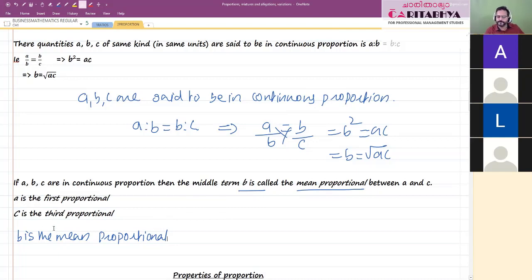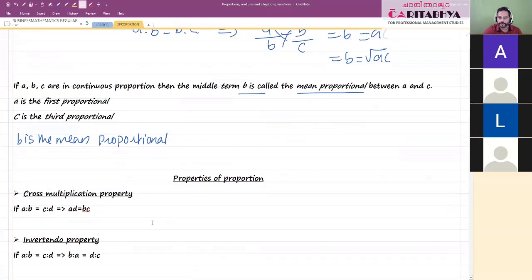Clear? Yes, sir. Continuous proportion done. Then properties of proportion.